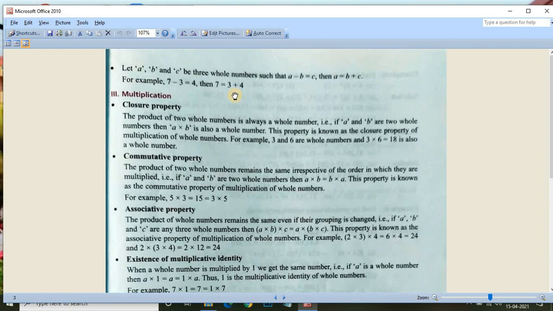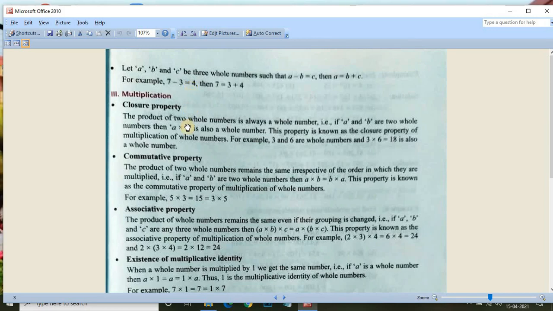So in both cases, when we subtract two numbers we get an answer, but when we add that answer and the subtracted number, we get the other number.